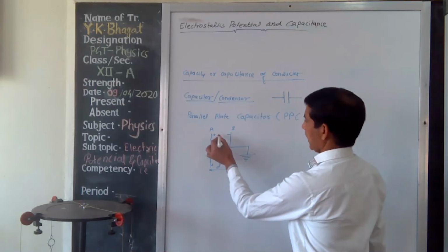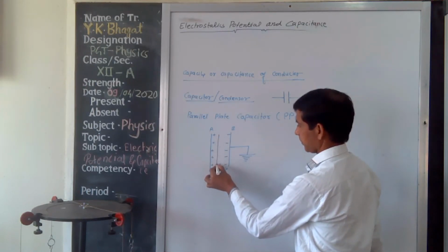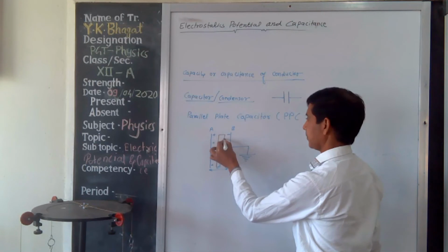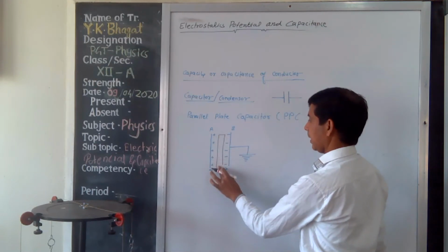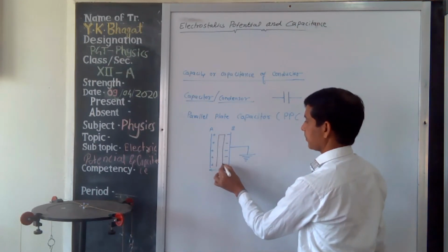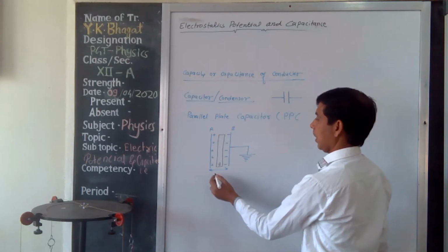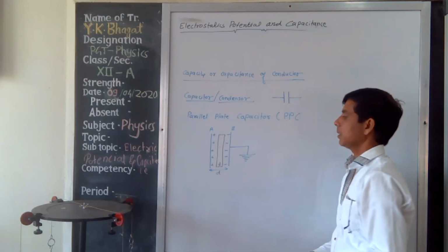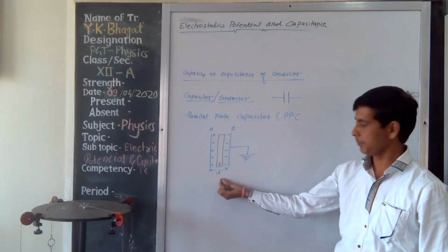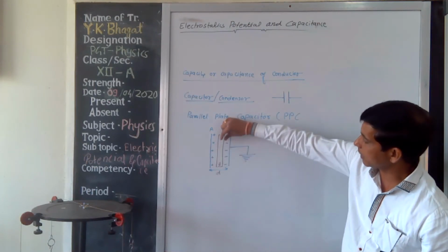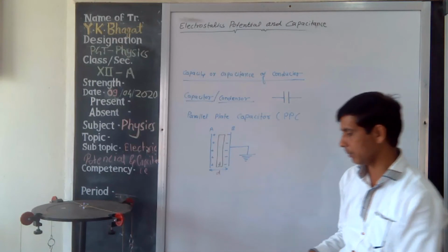Suppose we insert a dielectric medium between the plates of thickness T, and the original distance between the plates is D, and T is the thickness of the dielectric media.